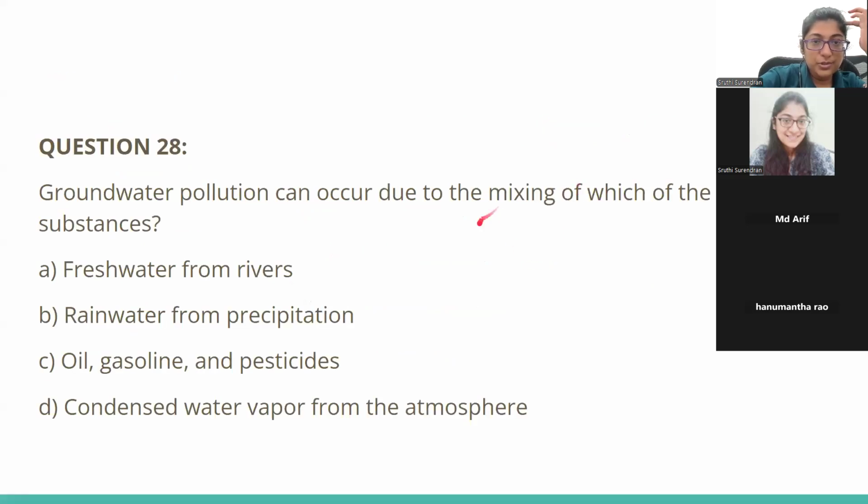Now, groundwater pollution can occur due to the mixing of which of the following substances: fresh water from rivers, rainwater from precipitation, oil, gasoline, and pesticide, condensed water vapor from the atmosphere.